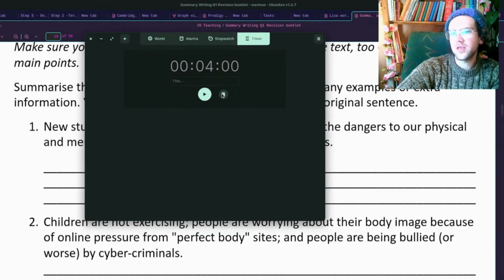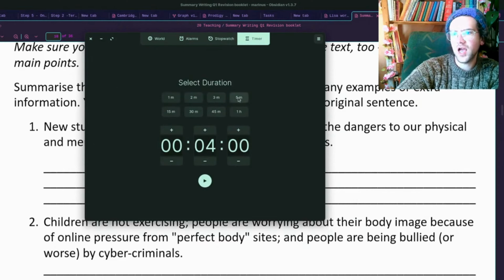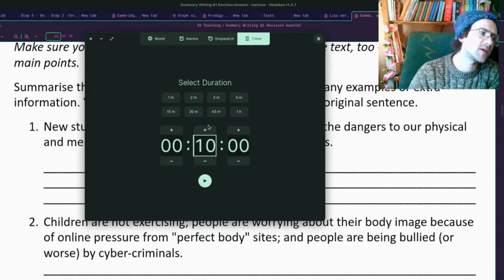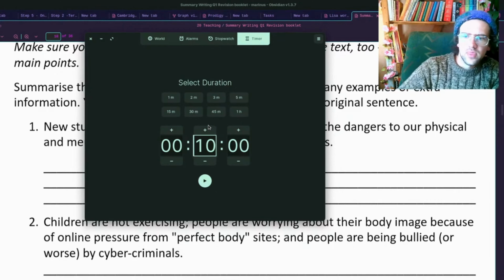You will notice I will be doing a lot more timer type of things in the coming weeks to try get your speed up. So I'm going to give you 10 minutes to complete page 10 quickly, okay?